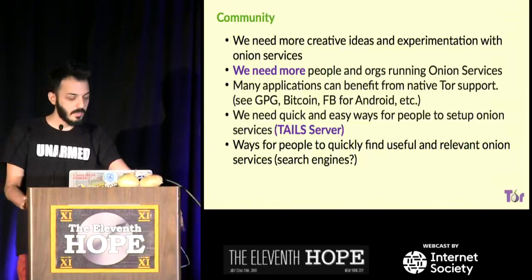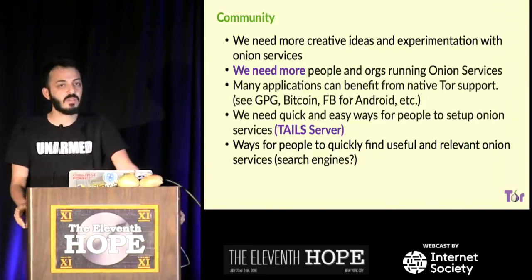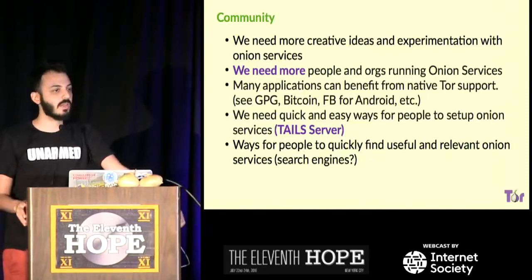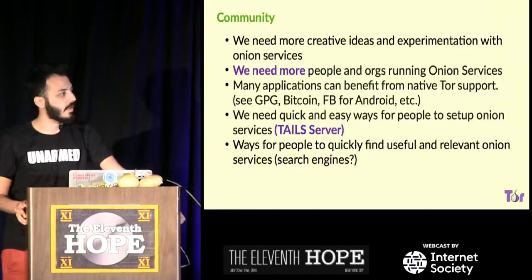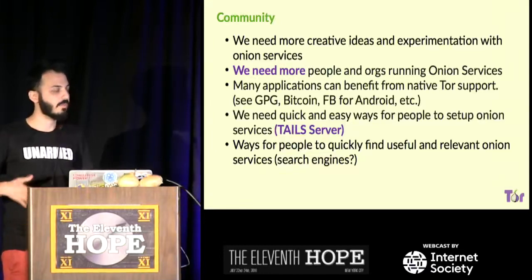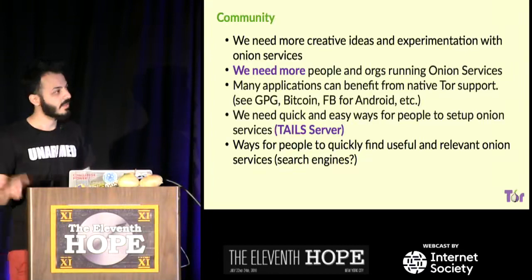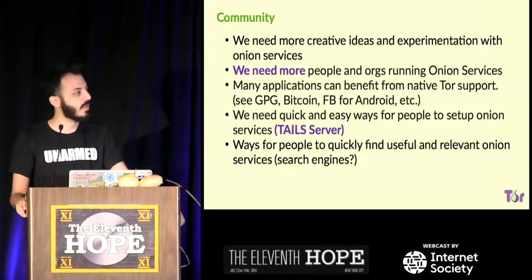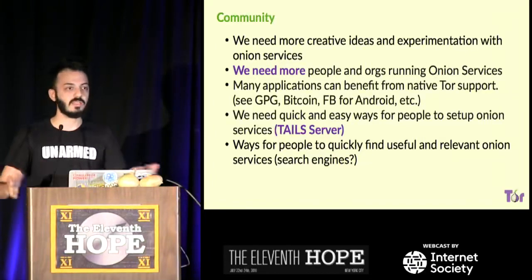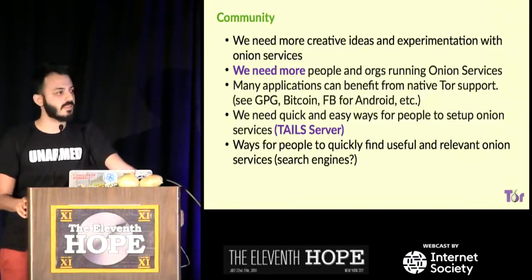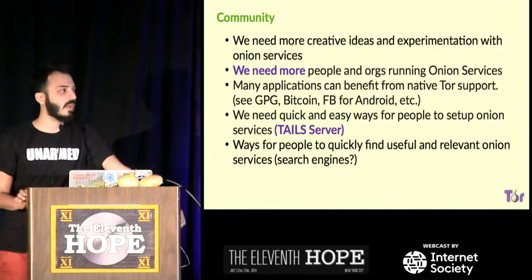And we also need more ways to quickly run these Onion services, if you need them for, I don't know, 10 minutes or 10 hours, and then that's it. We need more ways to quickly deploy these things. I don't know if you're Docker people, Docker magic or whatever.